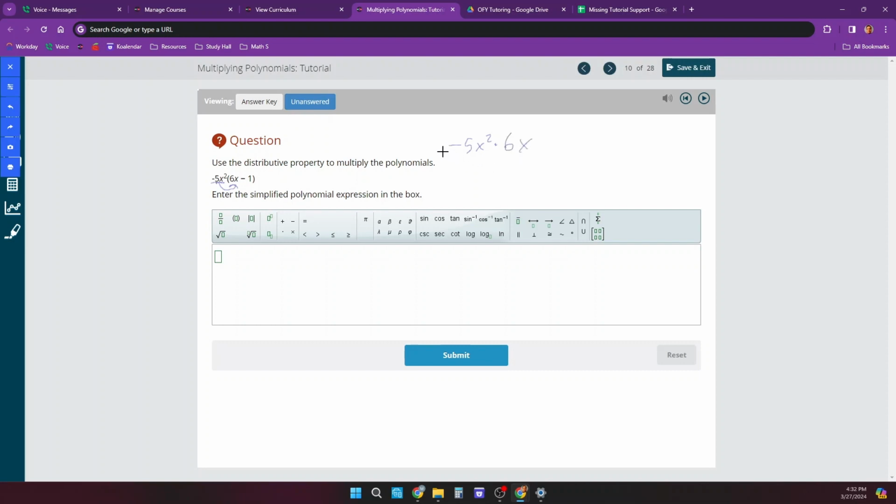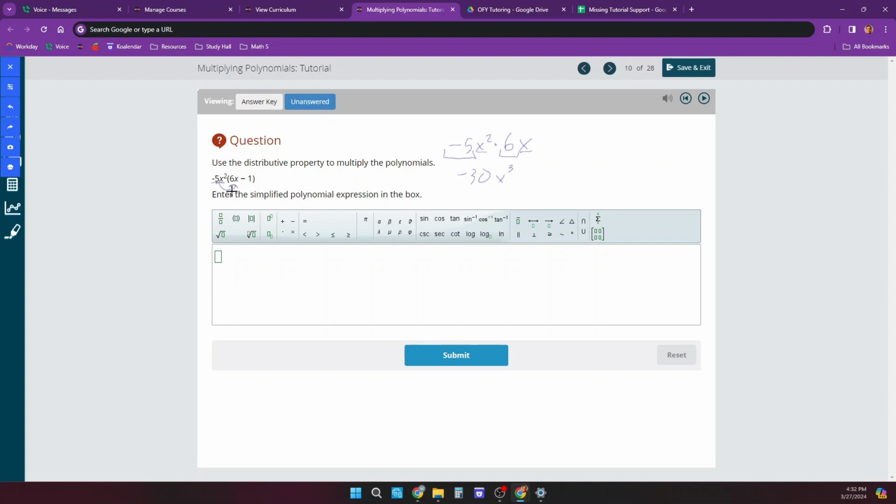So we can only multiply numbers with numbers and variables with the same kind of variable. So we could break this up into negative 5 times 6, which would get us negative 30, and x squared times x, which would give us x to the third. So that becomes our first term.